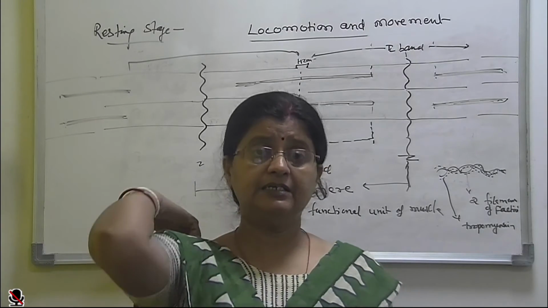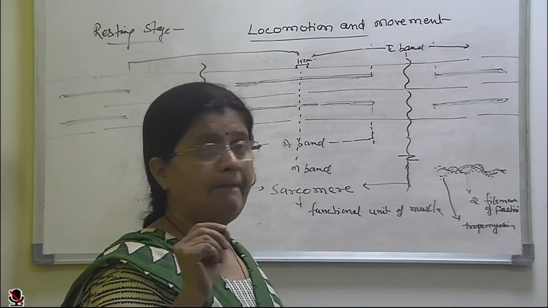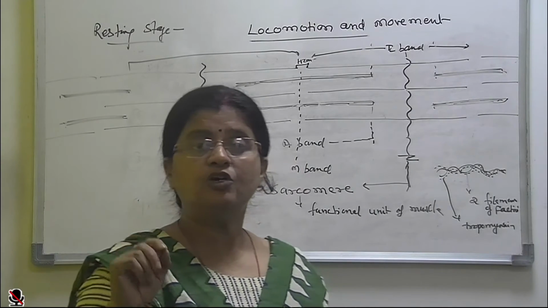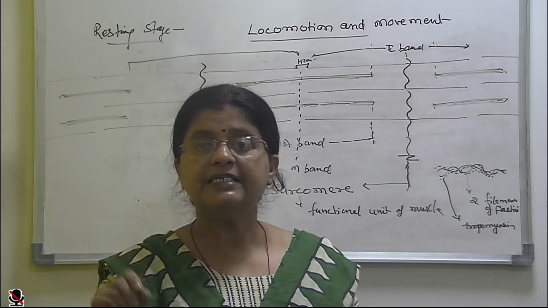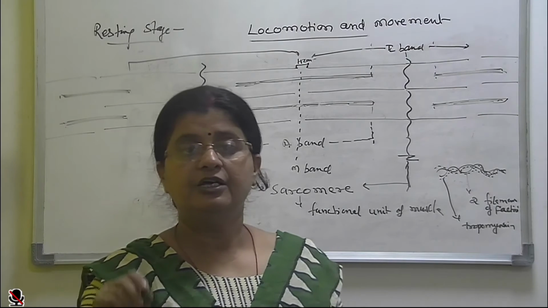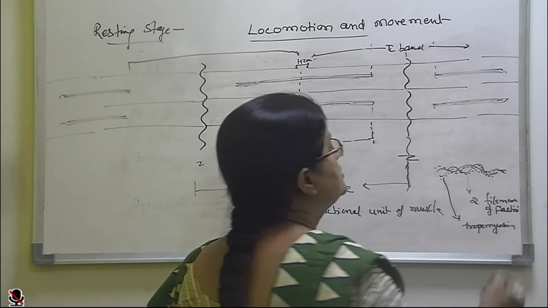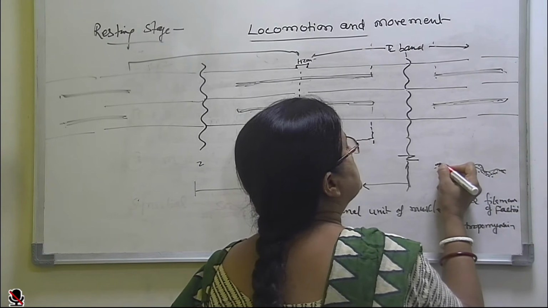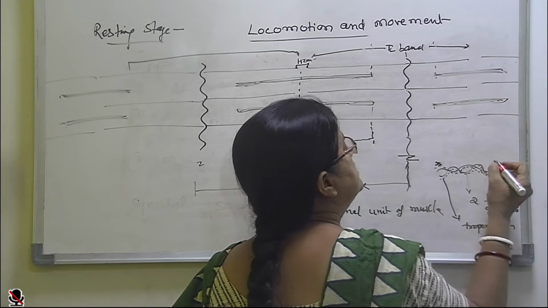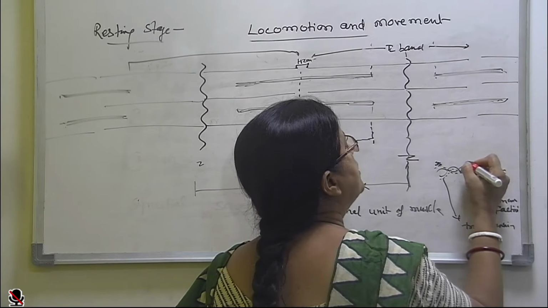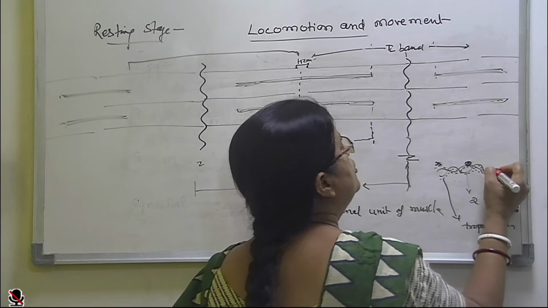Now, there is one special type of complex protein that is called troponin. Troponin is also present or scattered at some places of this tropomyosin.